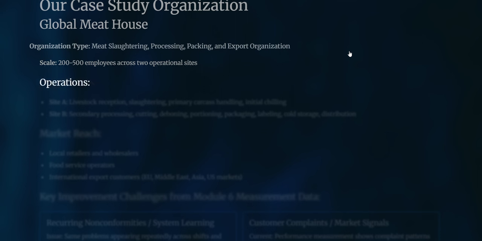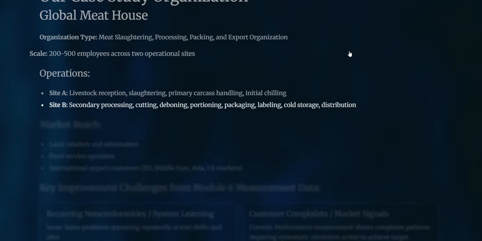The 2 operational sites include Site A, where livestock reception is handled, along with the slaughtering operation, primary carcass handling, and initial chilling. Then Site B, which is 15 kilometers away from Site A, and we will demonstrate how to control this distance.